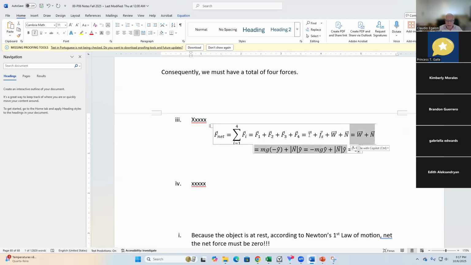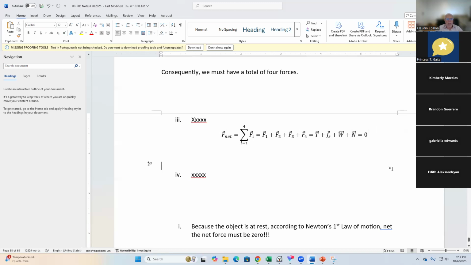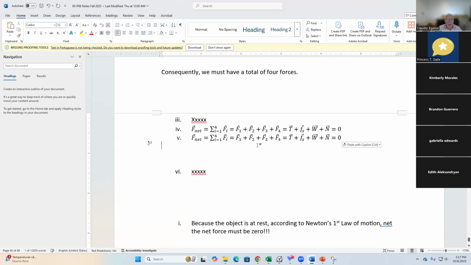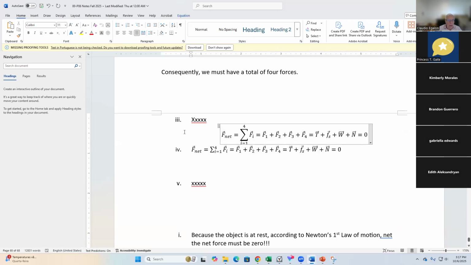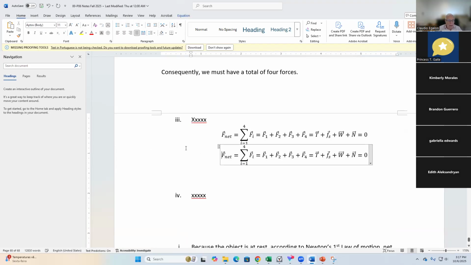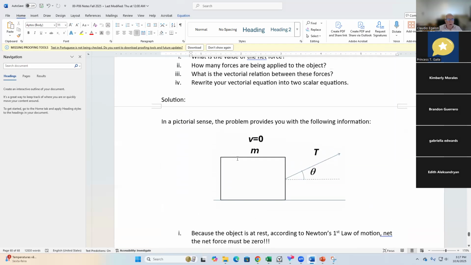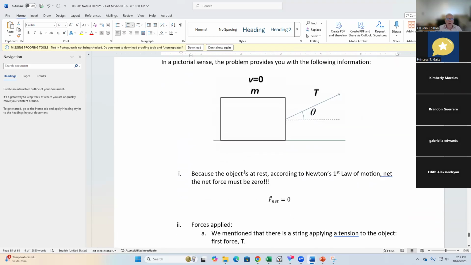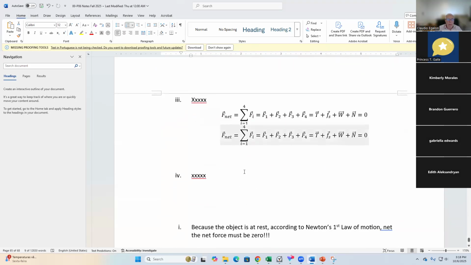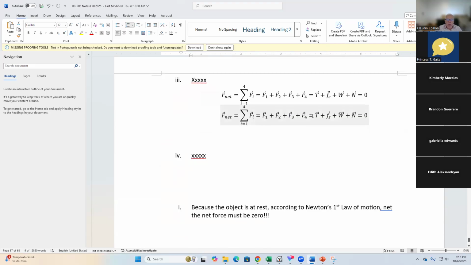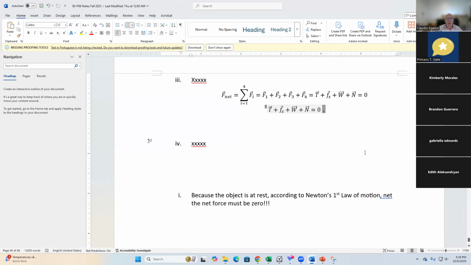That's how we formulate Newton's law of motion. What's the vectorial relation between these forces? 1, 2, 3. That's the vectorial relation between these forces.